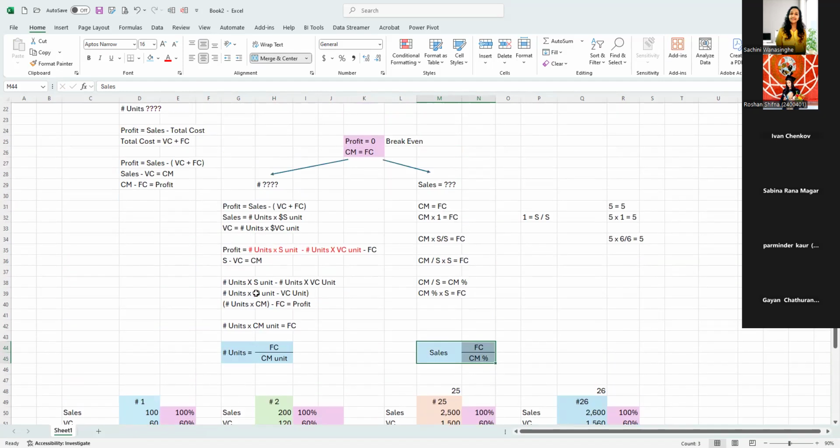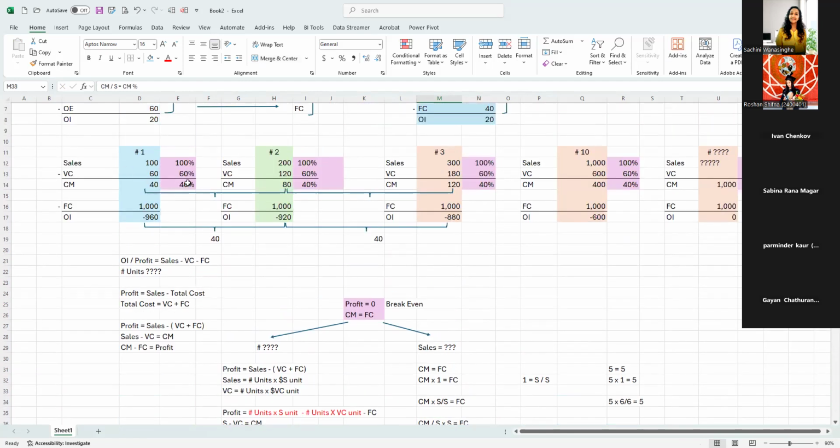Professor, can you repeat it, contribution margin divided by sales? Contribution margin divided by sales is going to give us the contribution margin ratio, right? How are we getting it? Every time we calculate this percentage, we get contribution margin divided by sales. And what do we find out?